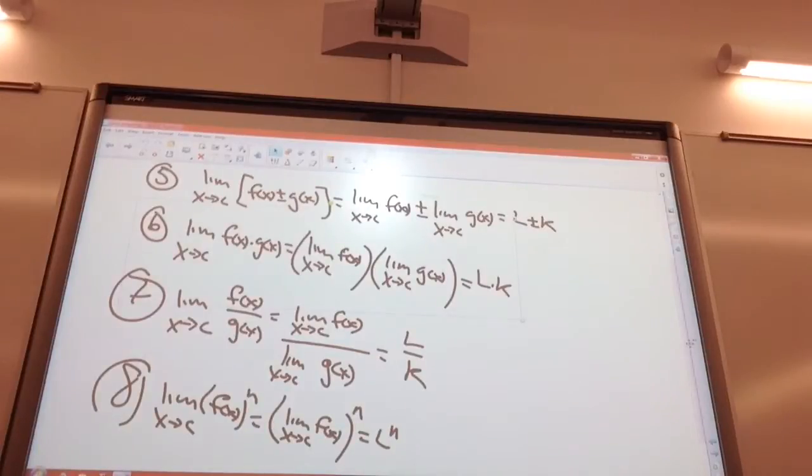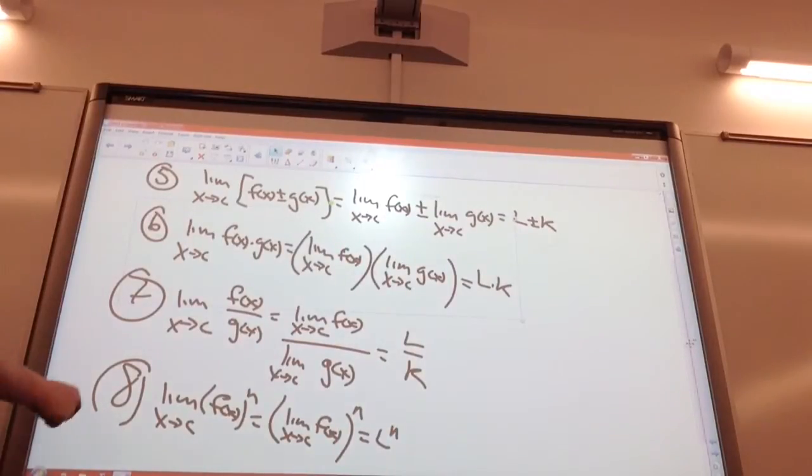We talked yesterday about what happens with a function involving a radical. The last things we should take a look at: we already talked about the squeeze theorem. The last of these properties we might want to investigate is what happens with composite functions.